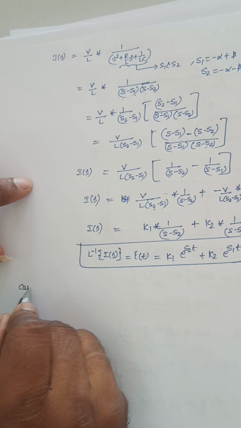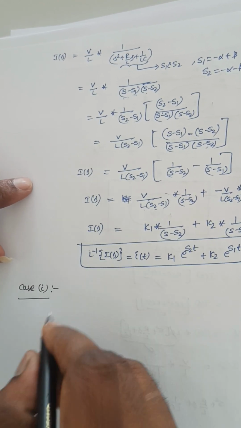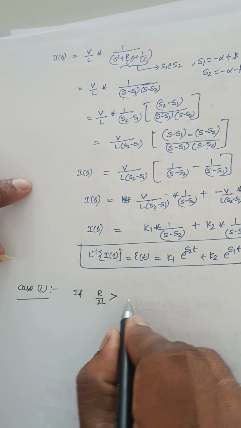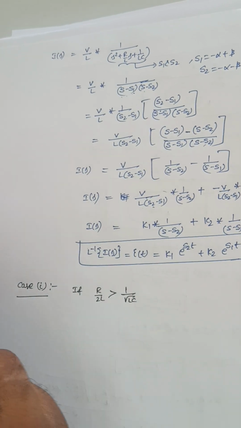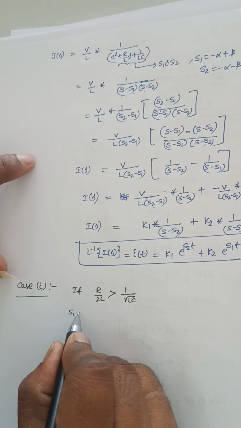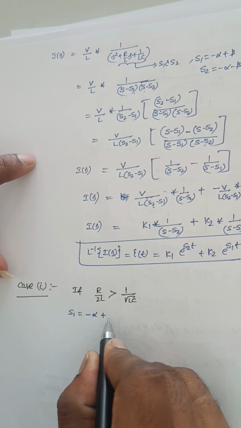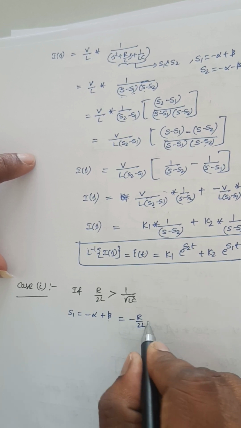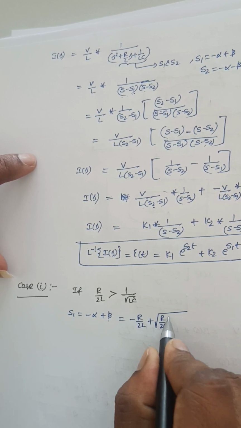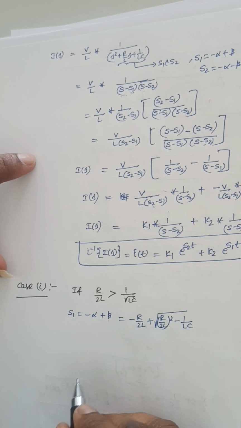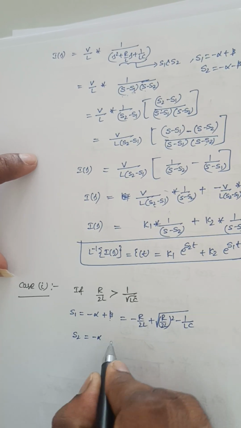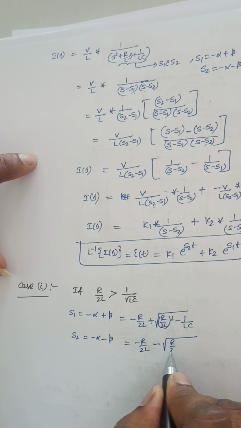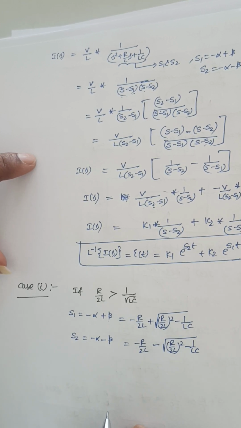Case number 1: if r by 2l is greater than 1 by root LC. What are the roots here? s1 is equal to minus alpha plus beta, that is minus r by 2l plus square root of (r by 2l) whole square minus 1 by LC. s2 is equal to minus alpha minus beta, that is minus r by 2l minus square root of (r by 2l) whole square minus 1 by LC.